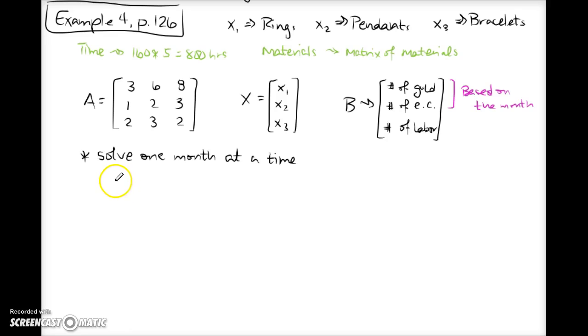So we see that we'll have 3 times our number of rings, and then we have 6 sub 2, and then that 8. Okay, and we said that for the month of March, we're going to have 1,720 grams of gold available. So that's our gold line. Then we go to the next line, and it's talking about the amount of enameling compound that's required.